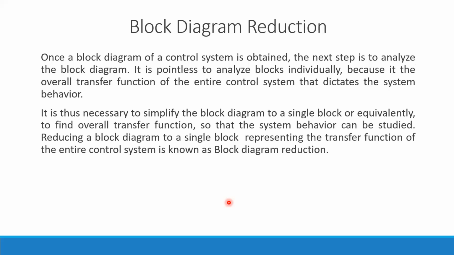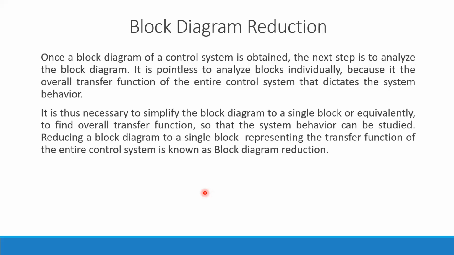Why do we do this? Because the overall transfer function of the entire control system is dictated by the system behavior. The whole system behavior can only be studied when every block of the diagram is considered. That does not mean we have to go block to block every time.